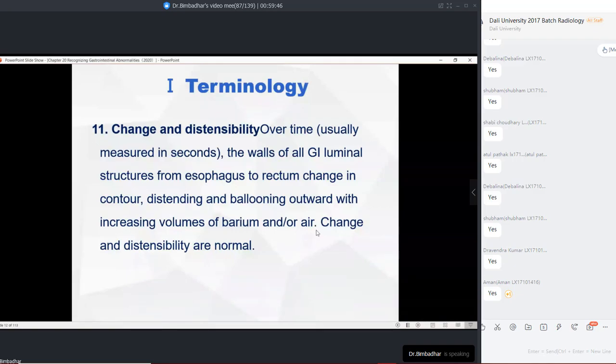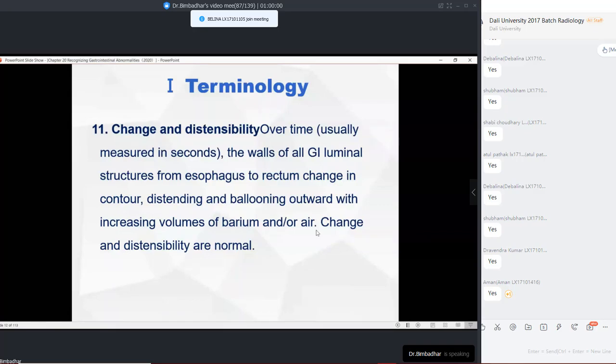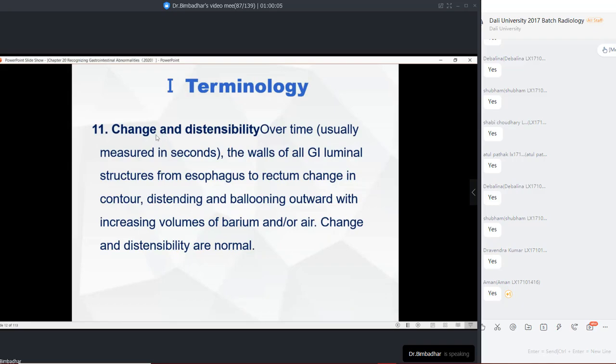This happens because of the effect of gravity, and all the contents have some mass, so they cause some pressure or thrust over the mucosa. So generally it will change the distension properties. The more food, barium or air, the more increase in volume, and the more ballooning and distension of the mucosa.